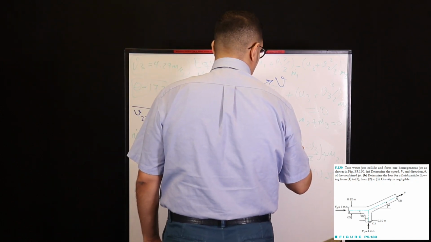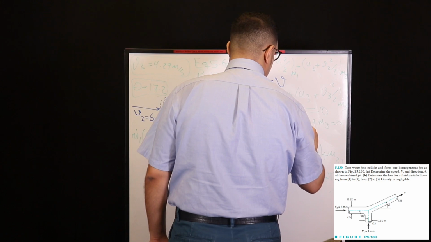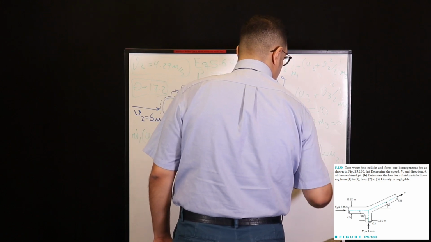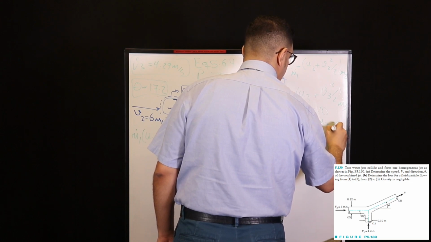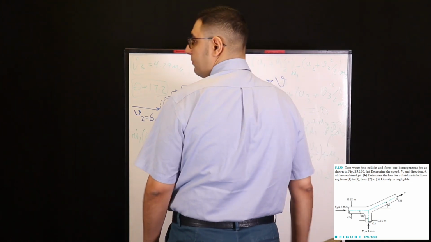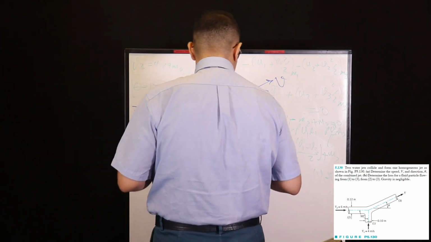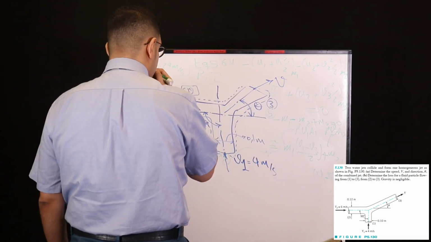We can have M1 dot as rho V1 A1 and also M2 dot as rho V2 A2. Just we need to substitute the values.